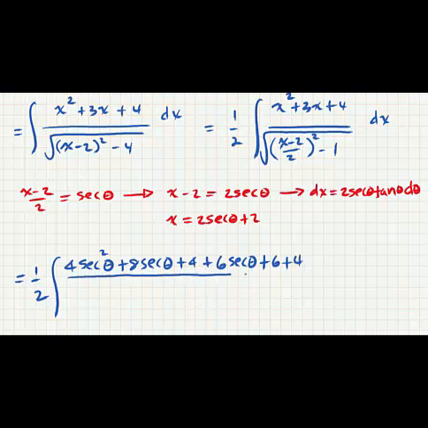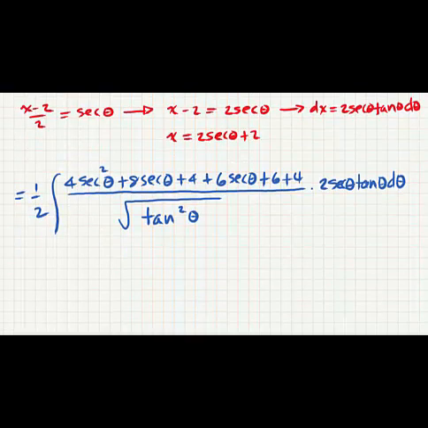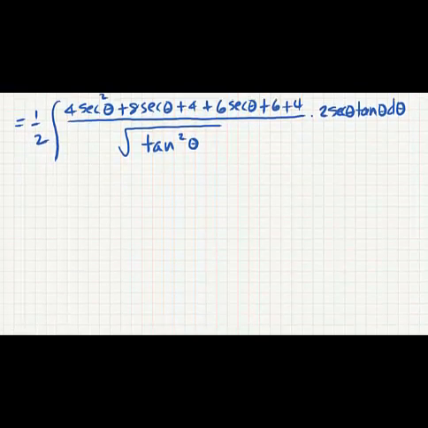All of that is going to be multiplied by dx. dx is 2 secant theta tangent theta d theta. In the denominator, we have the square root of secant squared minus 1. Secant squared minus 1 is tangent squared. So that is what we end up with after all that substitution.